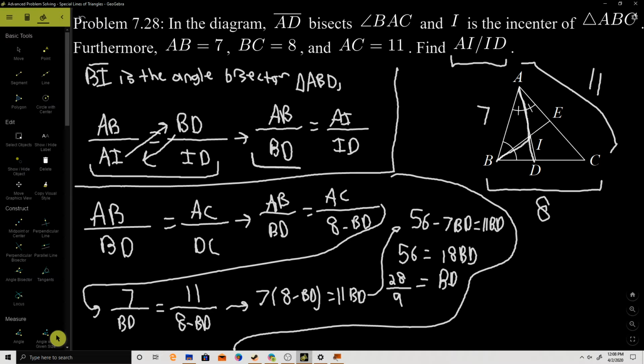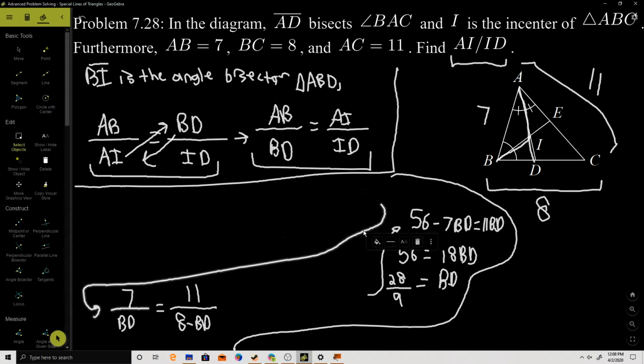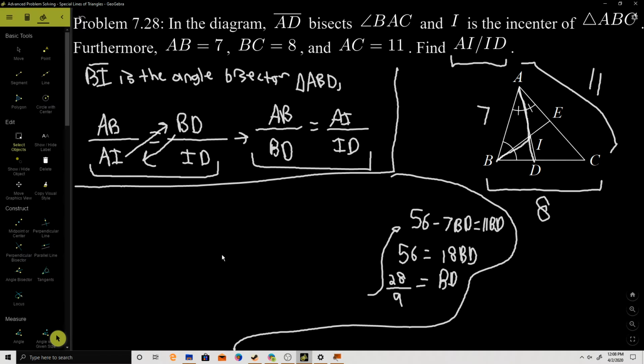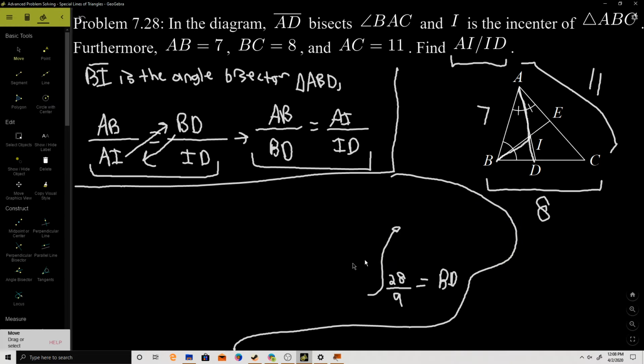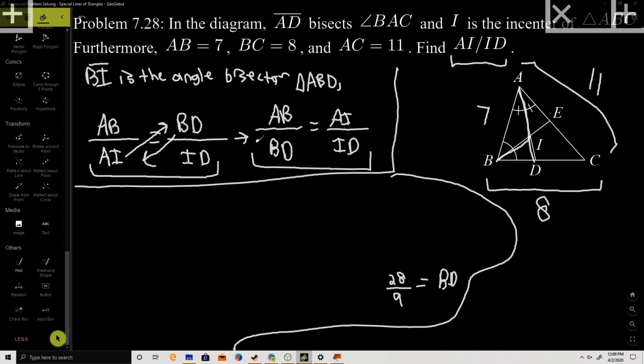We know we have this ratio, and I'm going to clear off some of this old work here, since we're done with it. And using the original ratio we found at the beginning, I know that AI over ID is equal to AB is 7 and BD is 28 over 9.